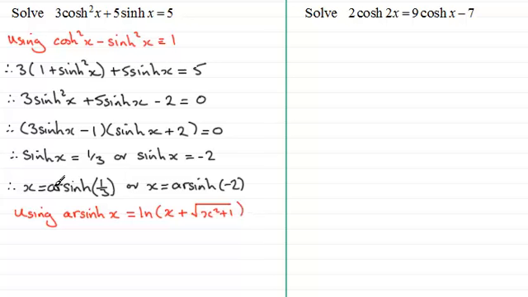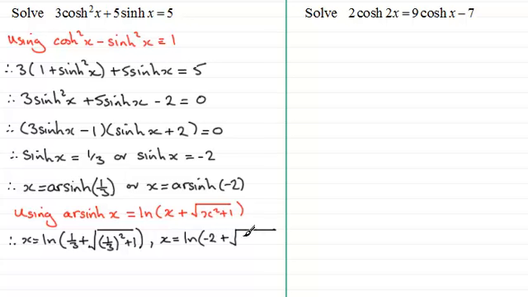So for this one here, we're going to have that x will equal the natural log then of 1/3, and then it will be plus the square root of all of 1/3 squared, plus 1. And for x equaling the inverse sinh of minus 2, we end up with x equaling the natural log of minus 2 plus the square root then of minus 2 all squared plus 1.